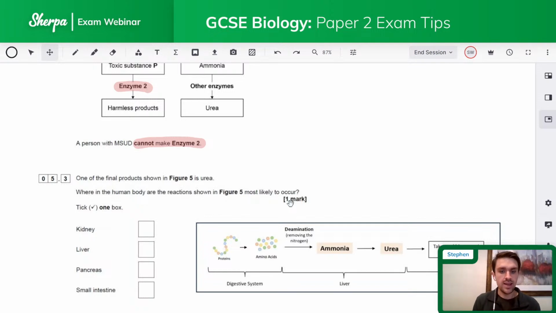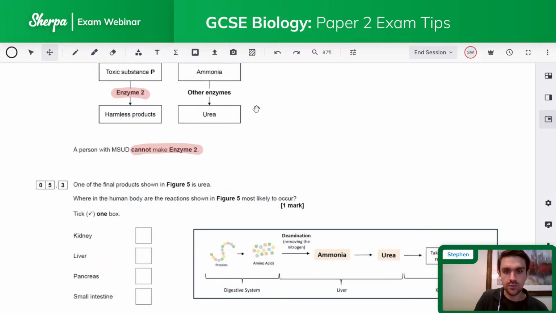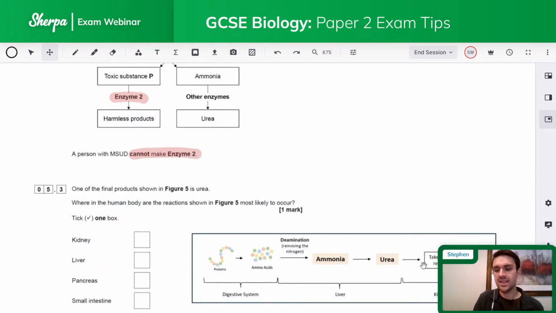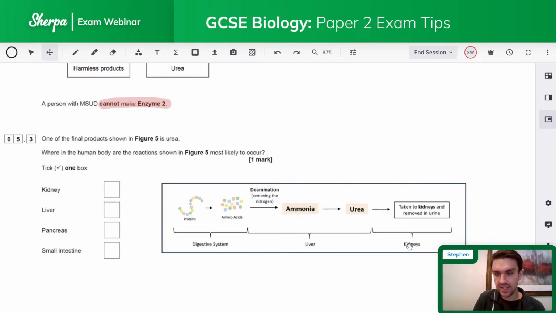One of the things we learn is that when proteins come into the body, they get digested into amino acids. They then get deaminated, so we remove the nitrogen out of those amino acids to make ammonia. That ammonia, as we can see in figure 5, is converted into urea, and that is then taken to the kidneys to be removed in your urine.